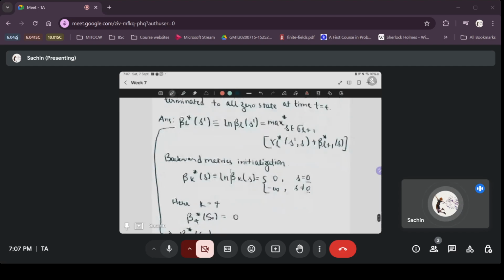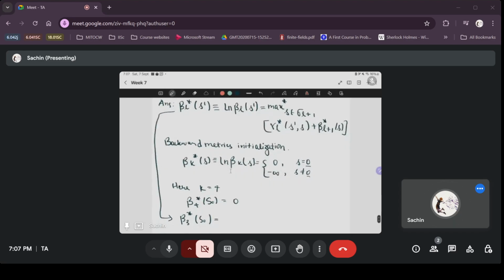In place of S prime you have to put S0, the all zero state. Again, max star of S in sigma L plus 1. Sigma L plus 1 is sigma 4, and at time instant 4 we are terminating the algorithm by setting everything to 0. So there's only one state in sigma 4, which is the state S0. So that's only one term, and the max is not applicable in this iteration.